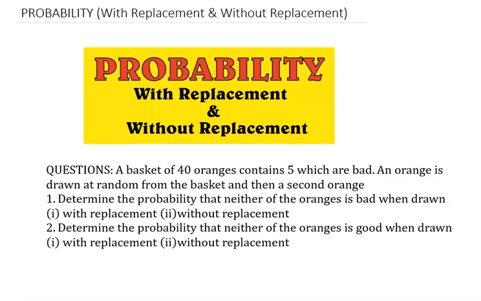Determine the probability that neither of the oranges is bad when drawn with replacement, and secondly without replacement. 2. Determine the probability that neither of the oranges is good when drawn with replacement, and secondly without replacement. So let's see how we can solve this question.